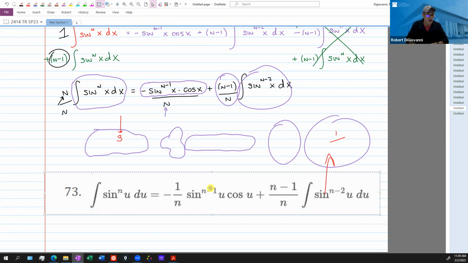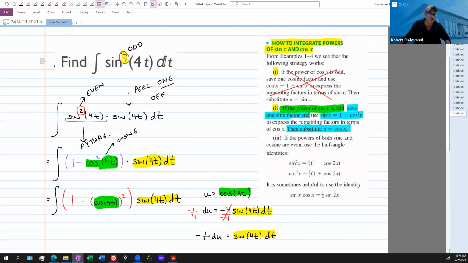For us, we're not going to use this formula, because there are like 160 or so formulas in the back of the book. I let you use 30 of them, but realistically, you need to be able to do these by hand, not go reference something. So we're now moving past that, and we're saying, okay, if we see this, what do we do? All right, does that answer your question?